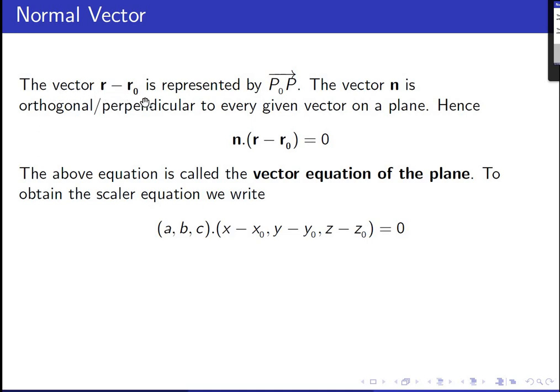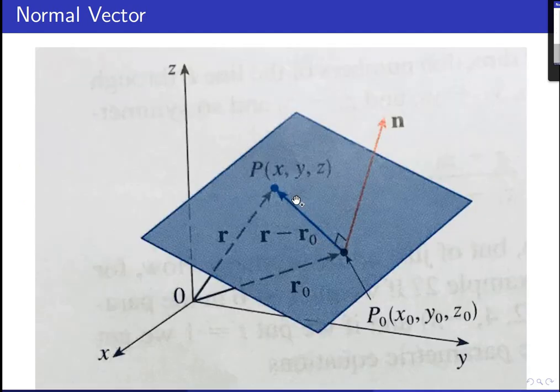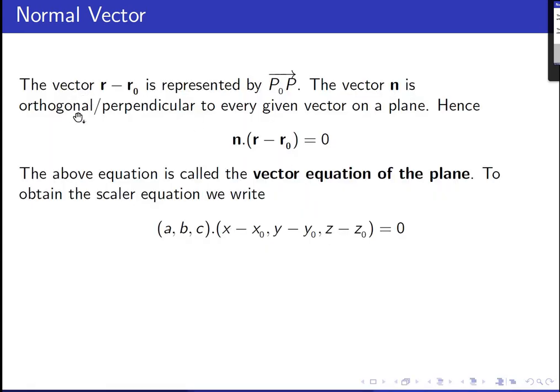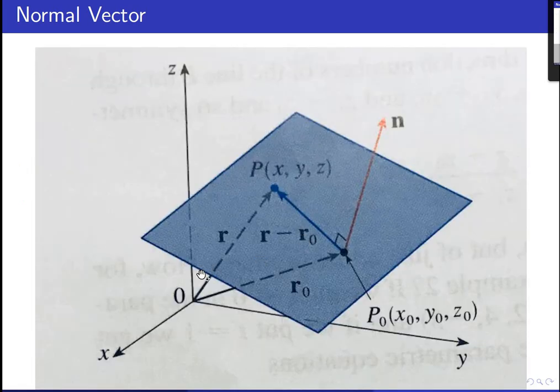The vector r minus r naught is represented by this displacement here, P naught P, right? The vector n is orthogonal or perpendicular to every given vector on a plane, which is true.